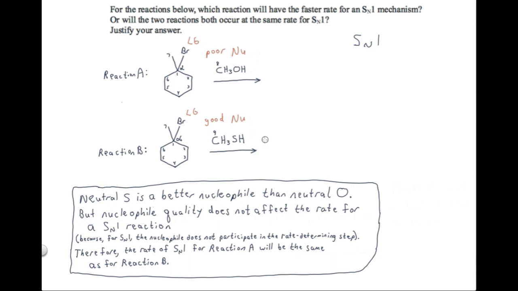So here's our answer. Neutral sulfur is a better nucleophile than neutral oxygen, but nevertheless, these two reactions will occur at the same rate for SN1, because nucleophile quality doesn't affect the rate for SN1. And we further justified our answer by mentioning that the reason that nucleophile quality doesn't affect the rate for SN1 is because for SN1, the nucleophile does not participate in the rate determining step.